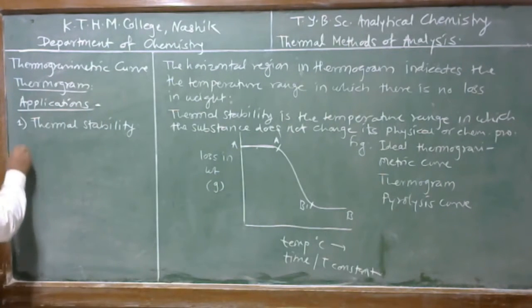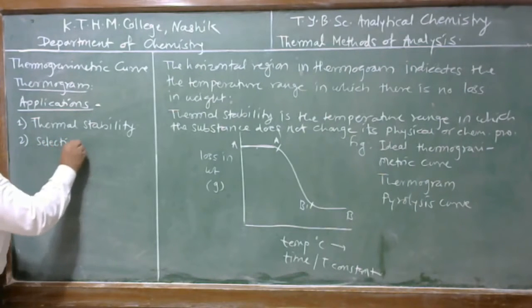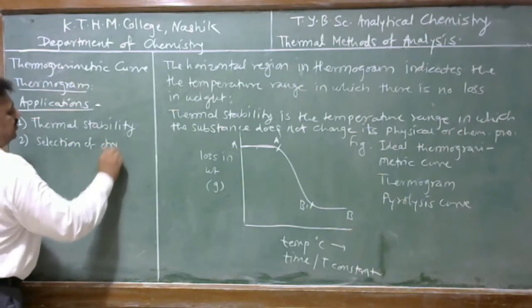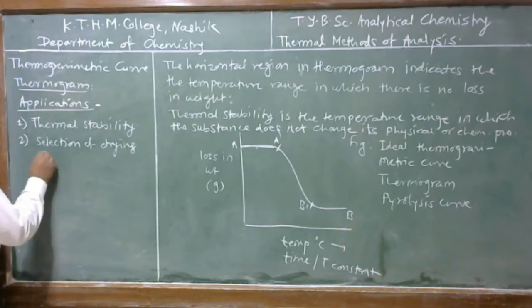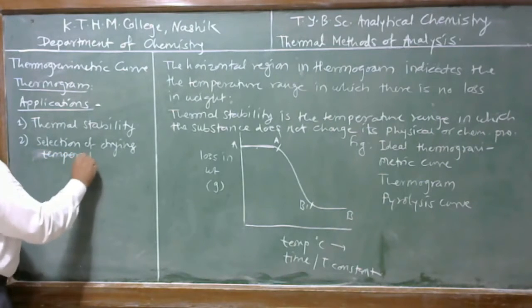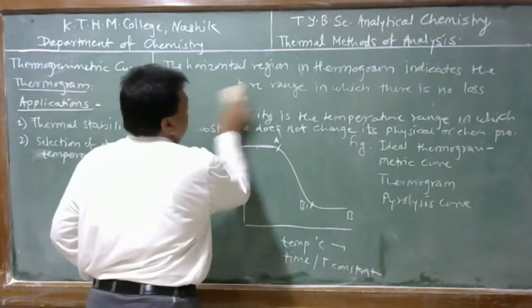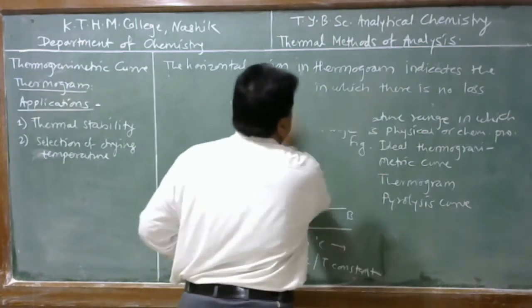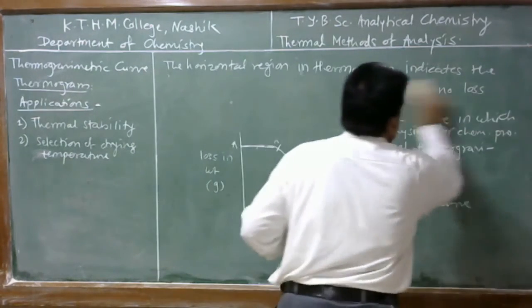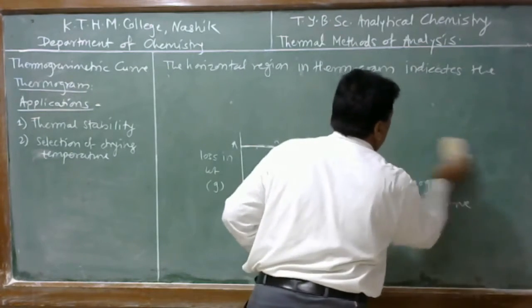The thermal stability of a substance is also useful for selection of the drying temperature of the substance. Here the horizontal region indicates the thermal stability, and we can say that the compound is stable.